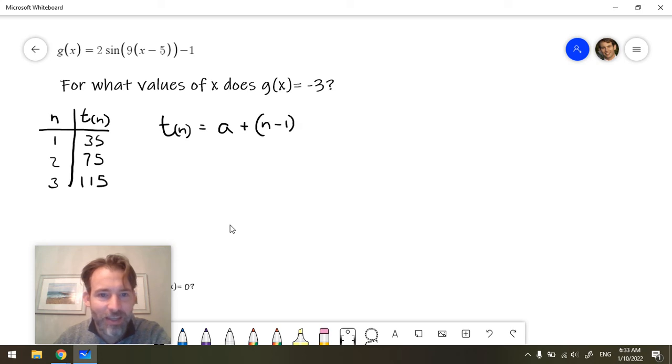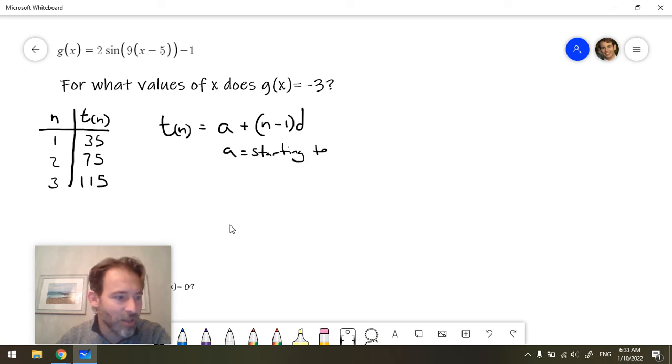Okay, where a is the starting term. That's our T1, okay? And d is the common difference.